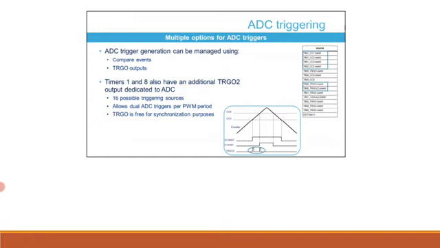For this reason, timers 1 and 8 also have an additional TRGO2 output fully devoted to ADC triggering. The TRGO2 offers 16 possibilities, including the 6 compare events and the possibility to have a dual trigger per PWM period by combining the compare 4 and 6 events. This also leaves the TRGO free for multiple timer synchronization schemes.